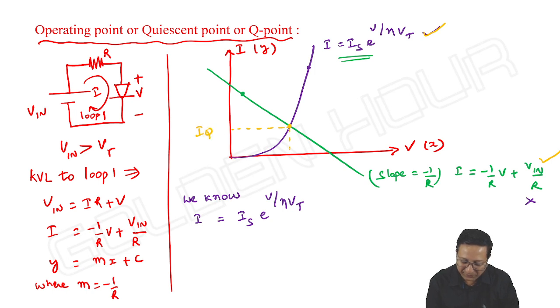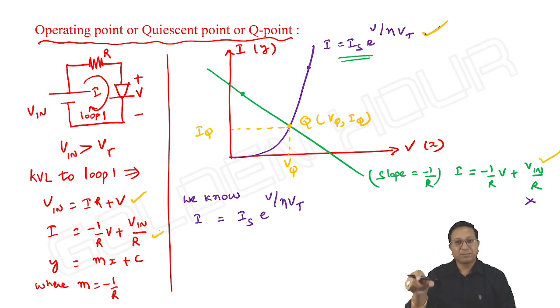I can write IQ and VQ. So it is a Q point, X coordinate is VQ and Y coordinate is IQ. The set of values of voltage and current which satisfy the device characteristics as well as the circuit equation in which the particular semiconductor device is kept is known as quiescent point or Q point or operating point.